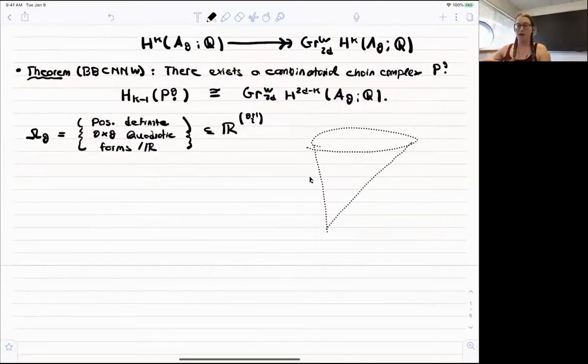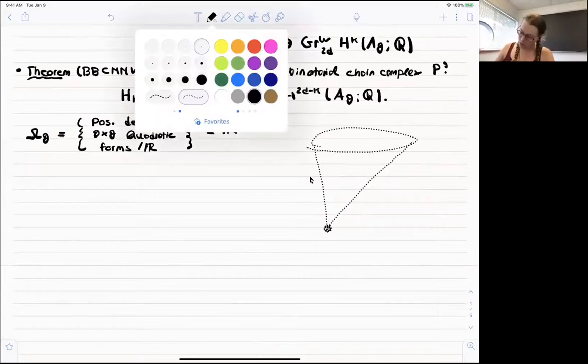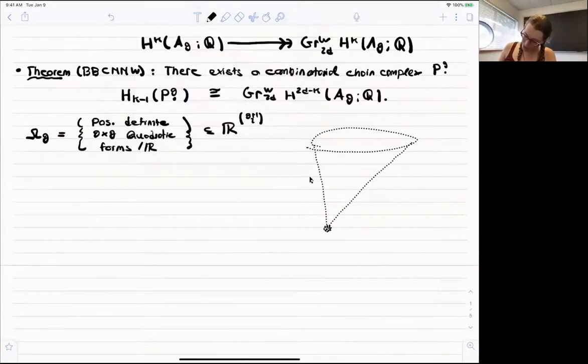So the picture is I have some cone consisting of all the positive definite matrices. I'll note that even the cone point isn't in this cone, so it's a little bit of a strange cone to consider. And then I'm going to let omega G upper RT be a slight closure of this set. So what do I mean?